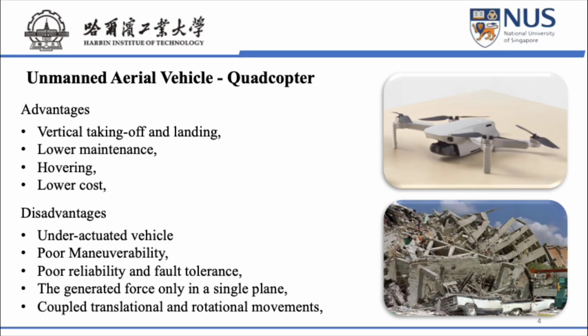It means that the traditional quadcopter is an underactuated vehicle, which means the poor maneuverability, reliability, and fault tolerance cannot be achieved. The force generated by the propellers is only constrained in a single plane. Thus, this couples the translational and rotational movements.